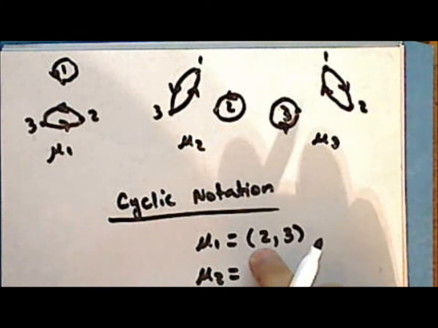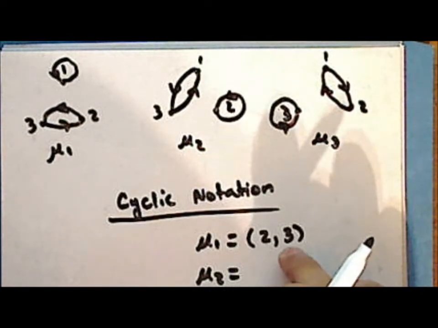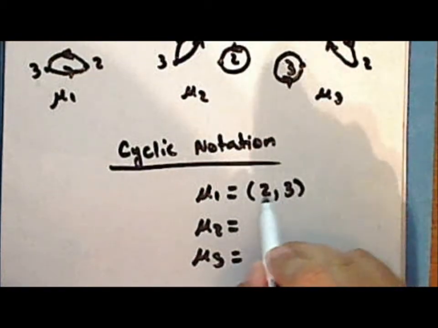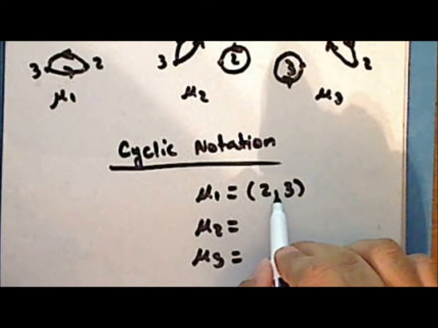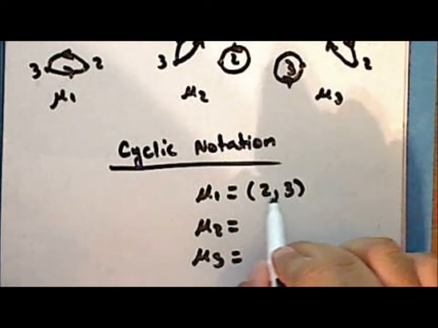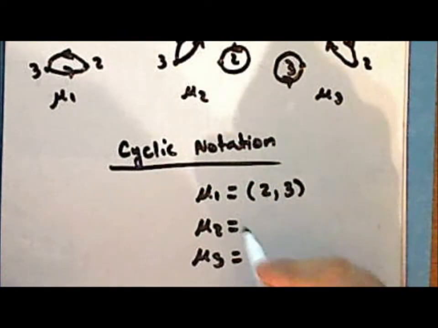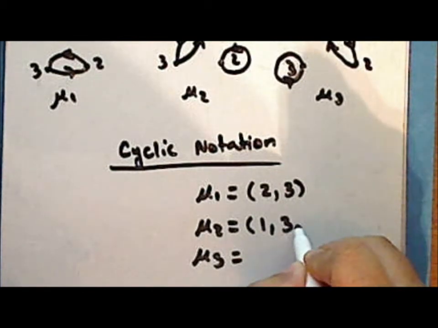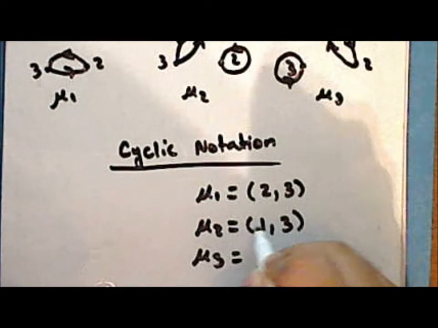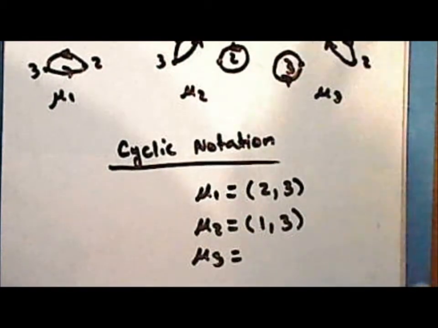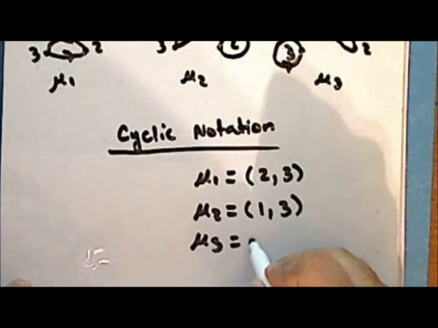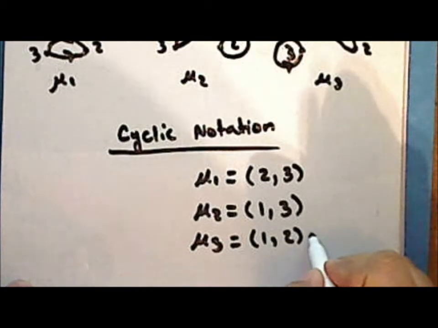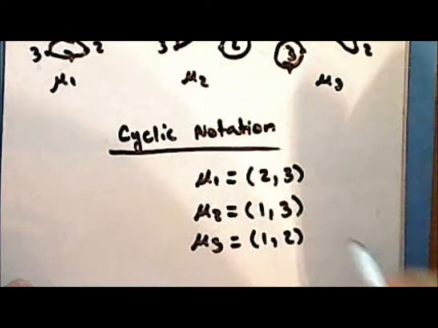This is the cycle that takes the element 2 to the element 3 and then the element 3 back to the element 2. And if an integer is not represented in a cycle, that means that it is a loop. So in this example, 1 is mapped onto itself. For mu sub 2, we have 1 mapped onto 3, which in turn is mapped back onto the integer 1, and so we have this cyclic notation. And for mu sub 3, 1 is mapped to 2, where 2 is mapped back to 1, and the element 3 is mapped onto itself.